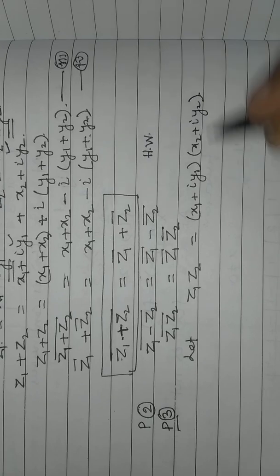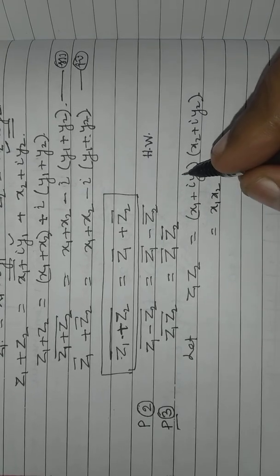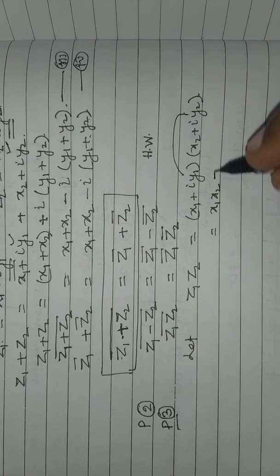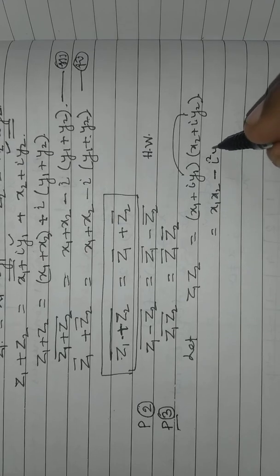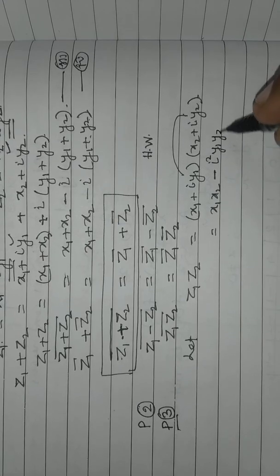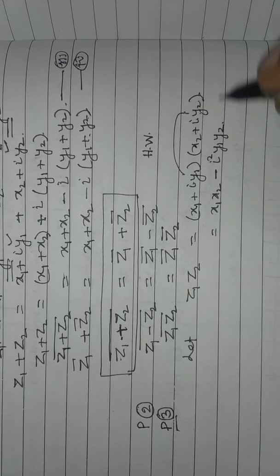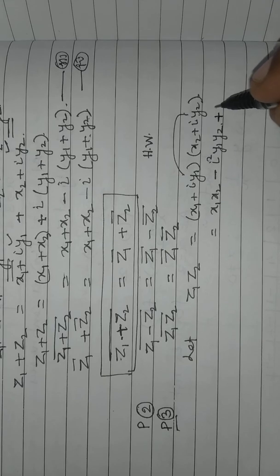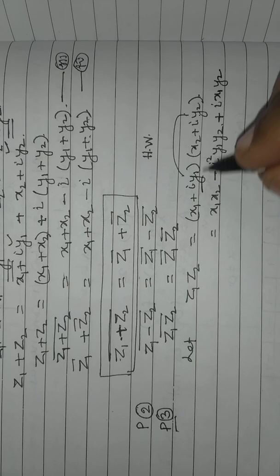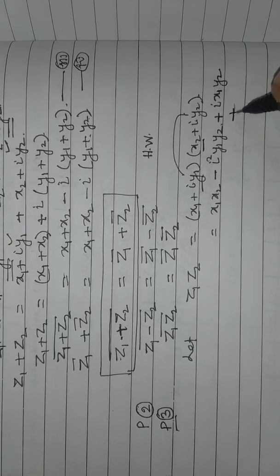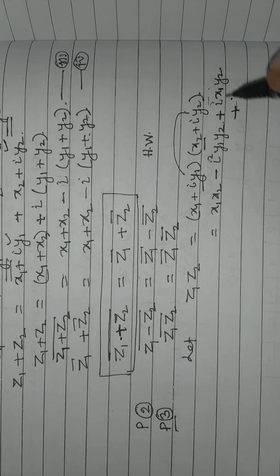Now if we multiply x1 x2, then this I square, iota square y1 y2 first, and then this into this imaginary part, so iota x1 y2, and then this is multiplied with this. I am skipping one step.